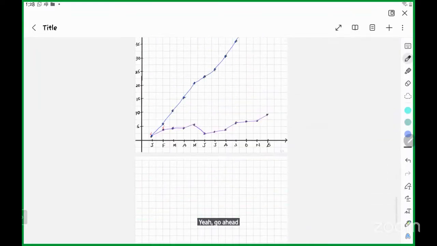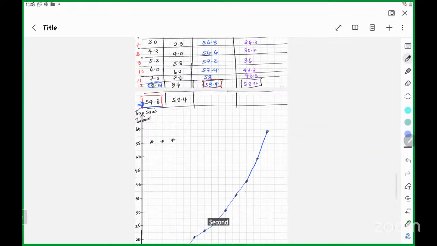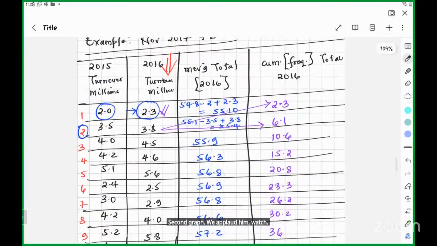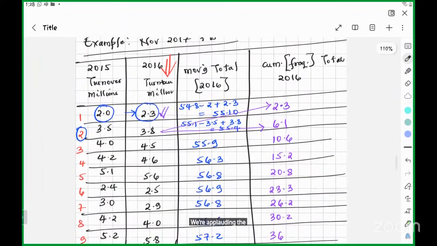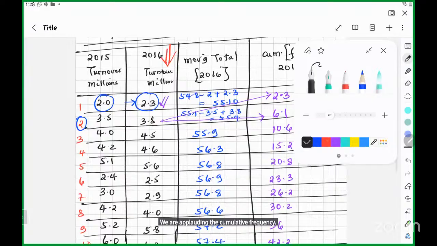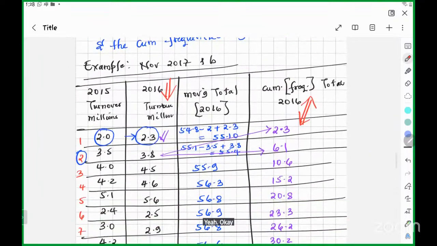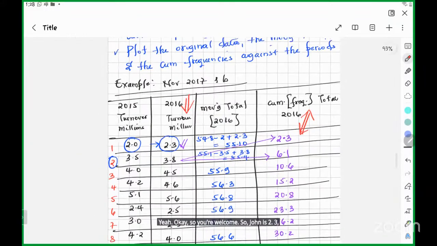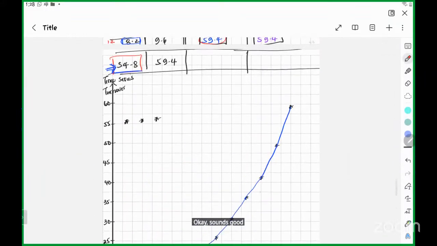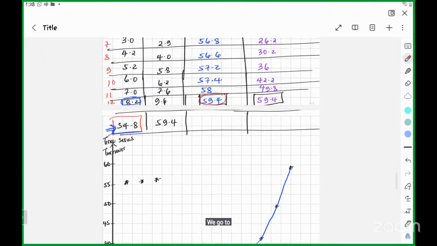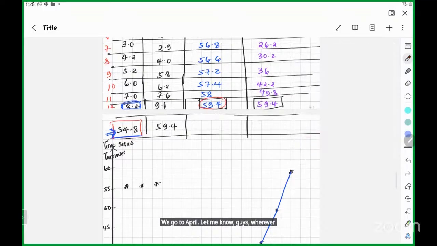That's the second graph. We are plotting the cumulative frequency, these ones here. Okay, thank you. So Jan is 2.3, 6.1. Okay, sounds good. We have gone as far as March. We go to April. Let me know, guys, wherever you are stuck.